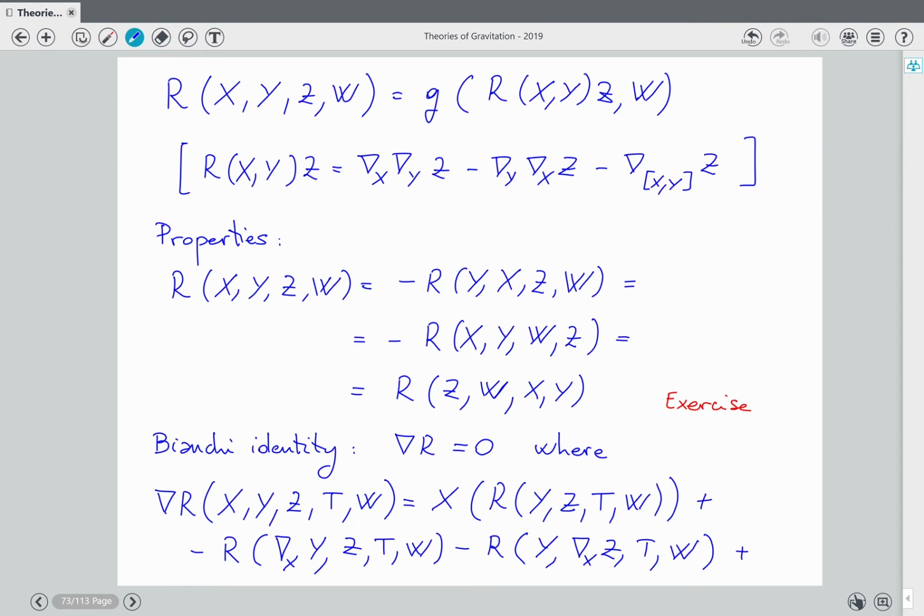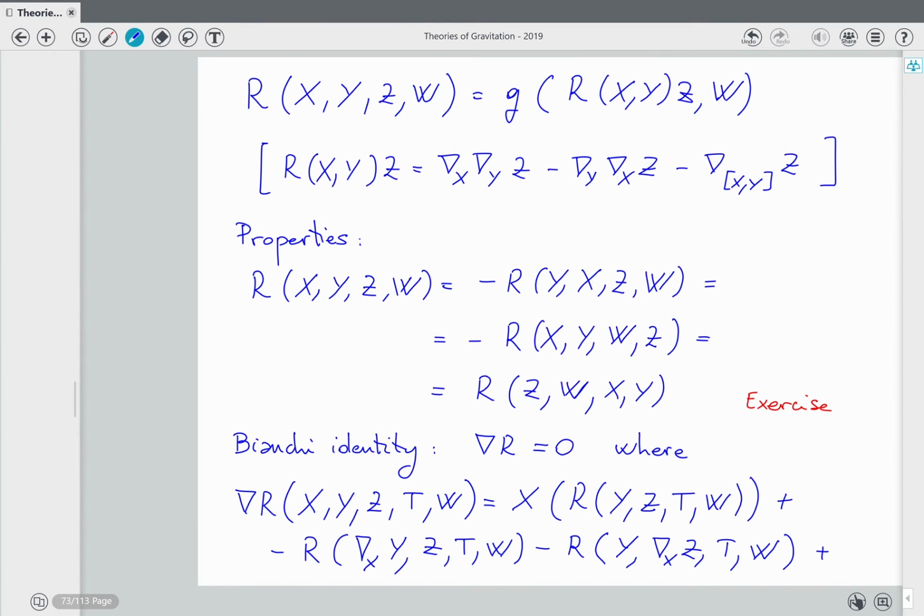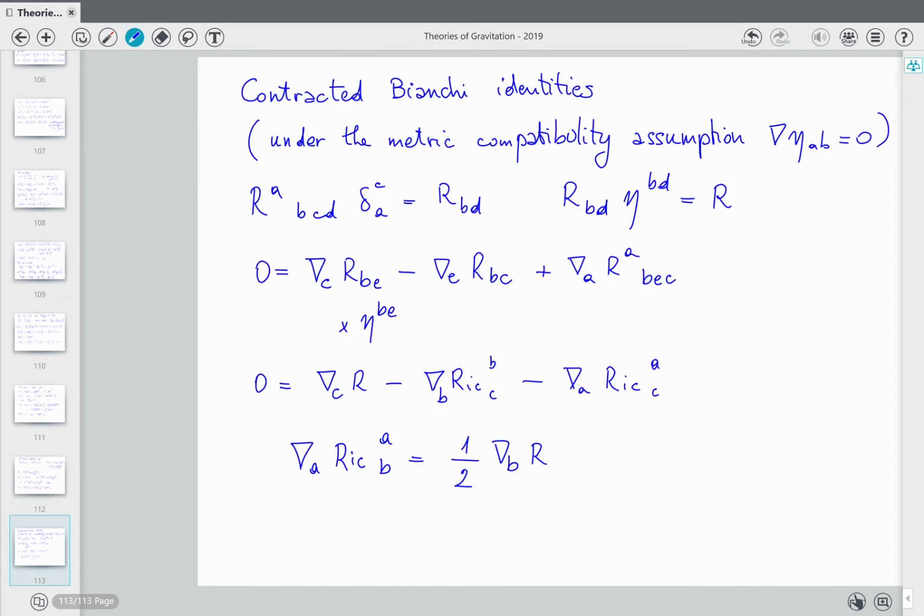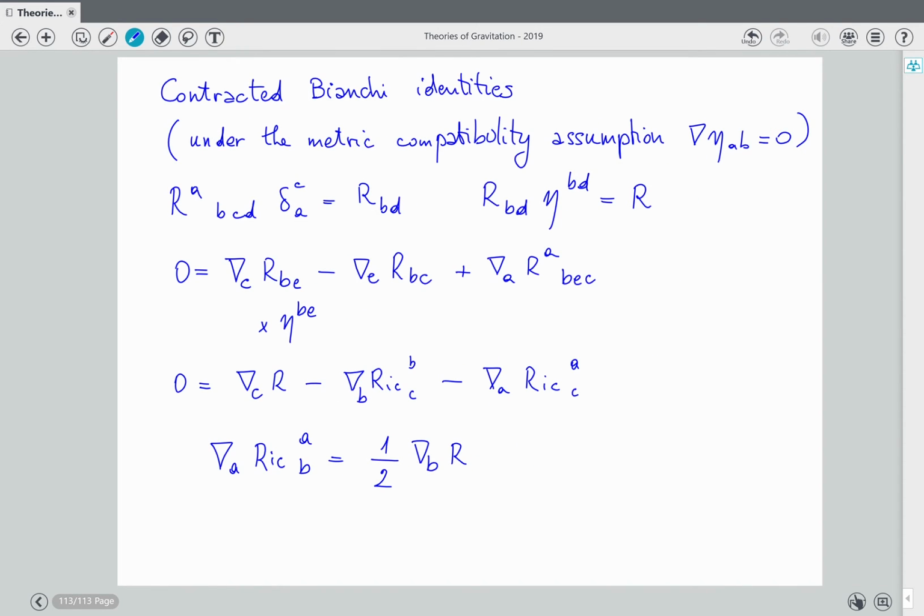So it follows from these properties, and you can translate that in the notation we are using now with the flat space indices. And so, yes, contracting these two indices is, apart from a minus sign, like contracting this index and that index. So that's why you have a Ricci tensor here, but with a minus sign.